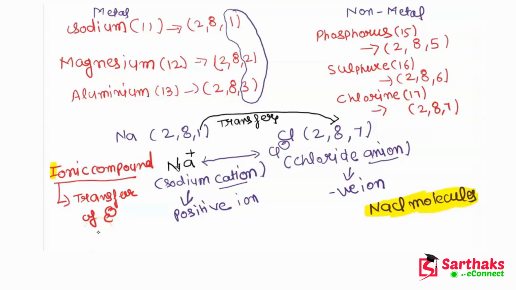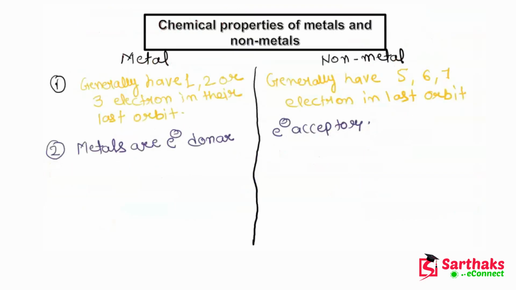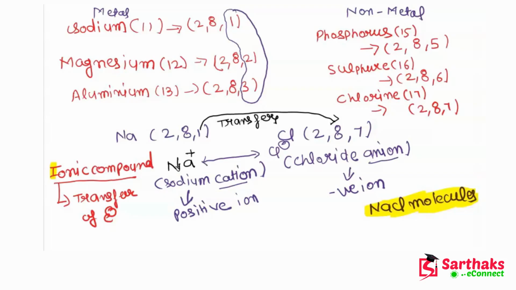Now guys, why did I tell you this? I wanted to prove this point that metals are electron donors. On the other hand, non-metals are electron acceptors. Here you can see that the metal sodium donated its electron and chlorine has accepted this electron.